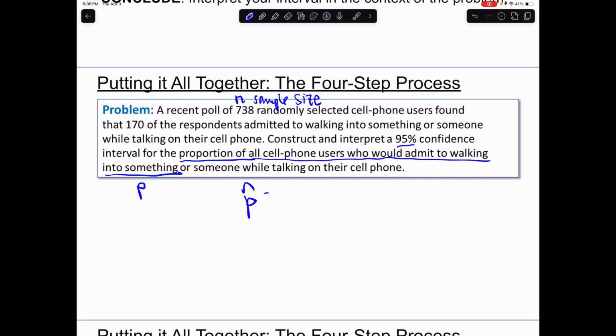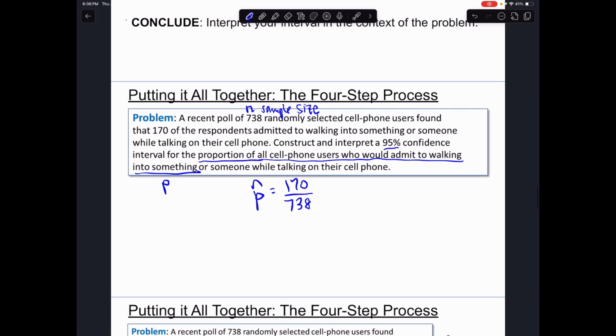P hat is going to be the number of, quote, successes over the sample size. Okay. So we have N and P hat, and we know that C, the confidence level, is 95%. So that's kind of what we pull. And it's asking us to make a confidence interval.